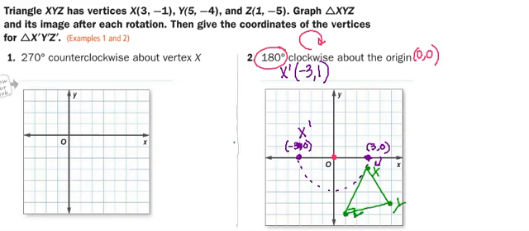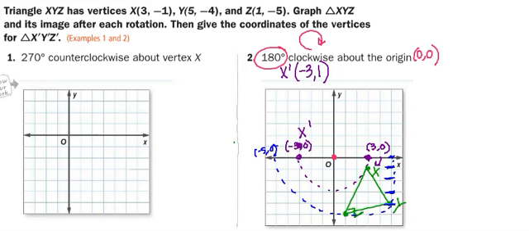Okay? Now let's look at y prime. We'll do this in blue. So y, if you notice, is 4 spaces away from the x-axis when x is 5. So we're going to rotate this point 180 degrees, ending up at -5, 0. But y was 1, 2, 3, 4 spaces ahead of it.